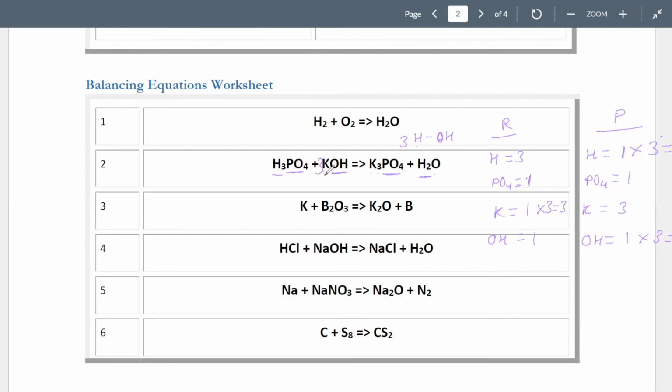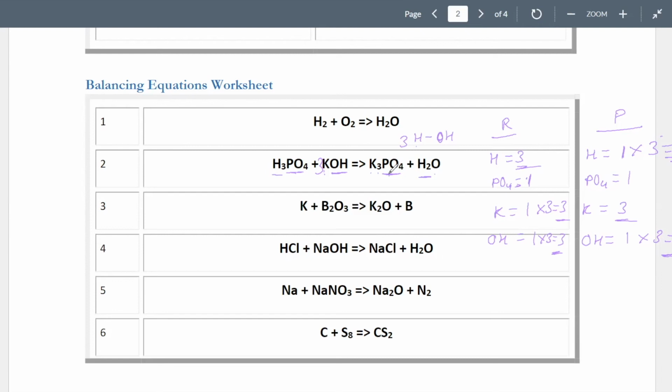And it also affected the hydroxide ion, so this also got multiplied. Now look over here, hydroxide and hydroxide ion are equal, hydrogen and hydrogen are equal. And the last one we need to balance is the phosphate ion. We have 1 phosphate over here, and 1 phosphate on the other side. So our work is done.